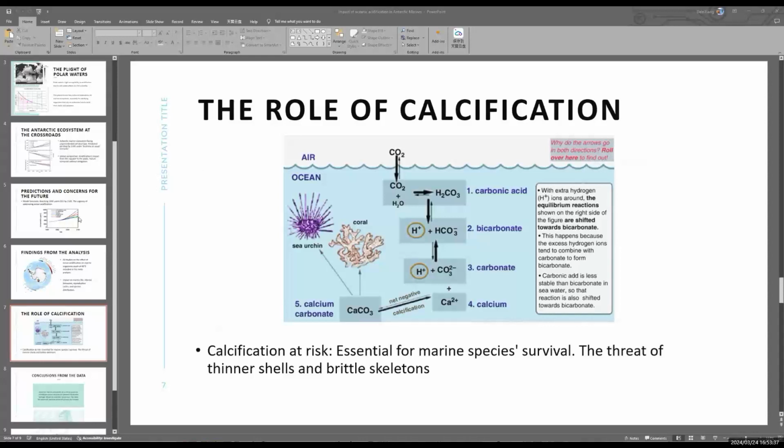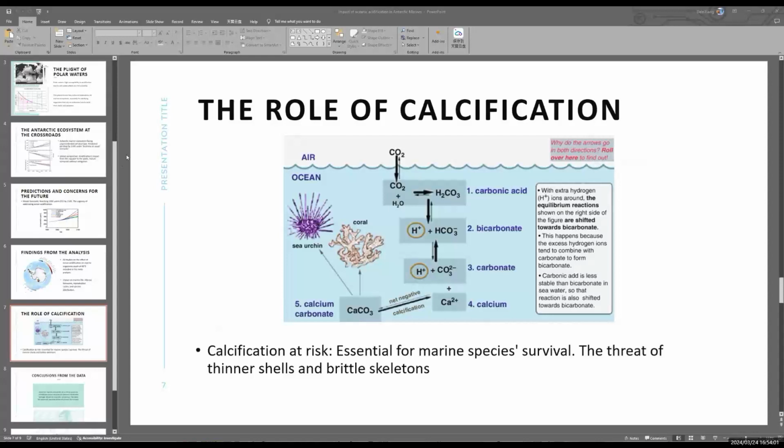And here we can see from the graph, when carbon dioxide is absorbed by the ocean, it combines with water to first form carbonic acid. Then the carbonic acid dissociates into a hydrogen ion and bicarbonate. And the hydrogen ion actually leads to the increased acidification.